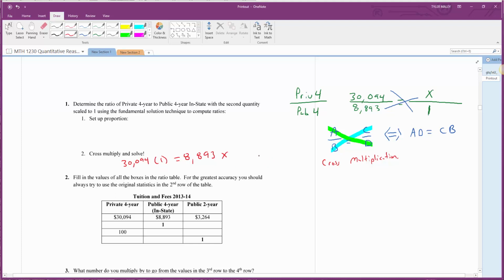So this would be 30,094 equals 8,893x. Divide both sides by 8,893, and we're left with just x. So this comes out to be, I believe, 3.4.